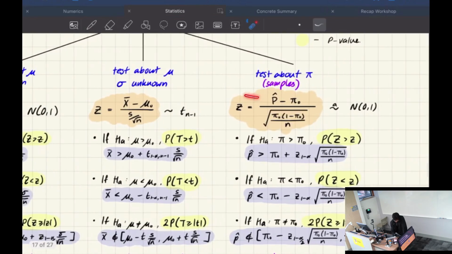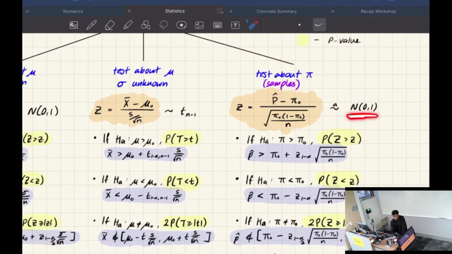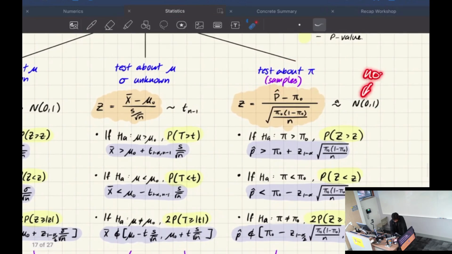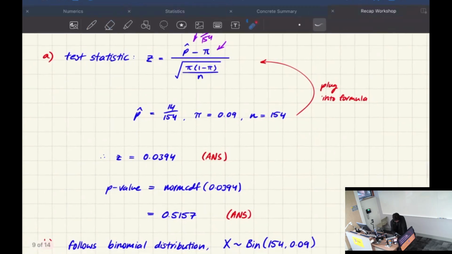If we're doing it for samples, it follows the normal distribution as well. So in this case, we use norm CDF. How about for this one? TCDF, yeah. / tinv, right? Okay, so I've used norm CDF of our test statistic, and we get a p-value of this. Okay.